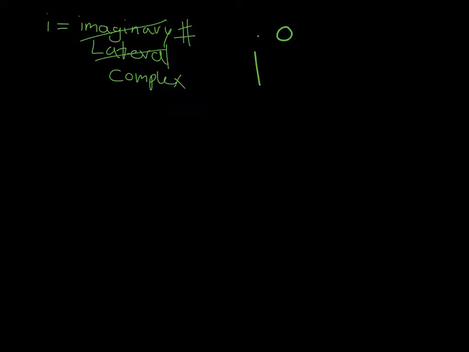So i to the power of 0 is equal to 1, same as 1 to the power of 0. i to the power of 1 equals i. i to the power of 2 equals, if you have a basic understanding of i, you will know, -1.